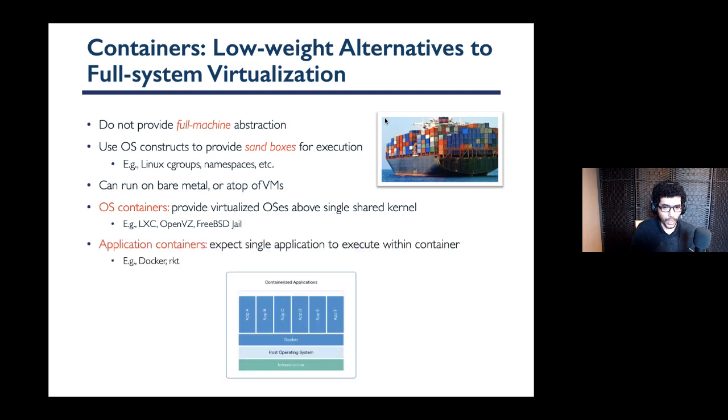And then there's another one, which is the most famous one, usually used in cloud computing. It's called application containers. These are designed to expect only one entry point within the container, one application, if you wish.